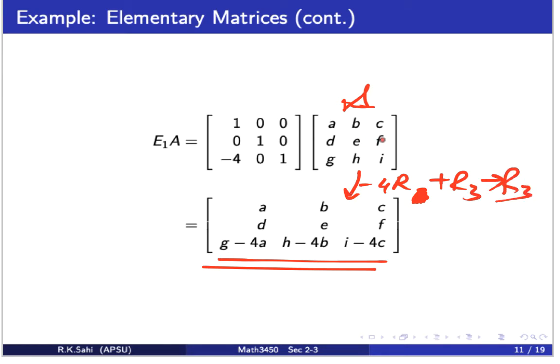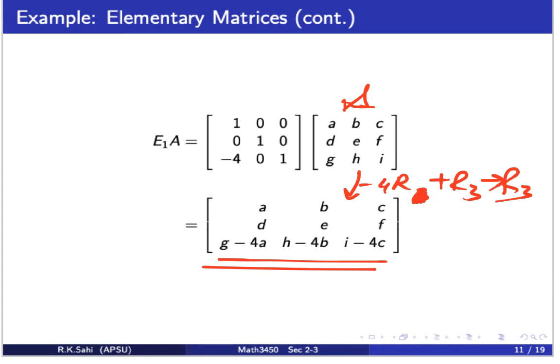And that's exactly what is done. Which basically means when we apply an elementary row operation on any matrix, what we are literally doing is taking the elementary matrix of the same operation applied on the identity matrix and multiplying it to the matrix A. So that's what basically it is.